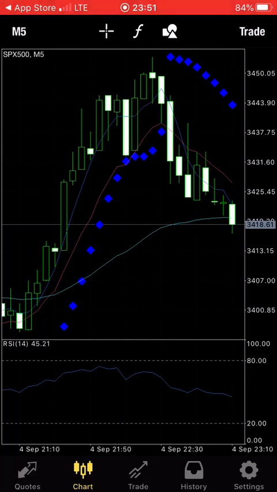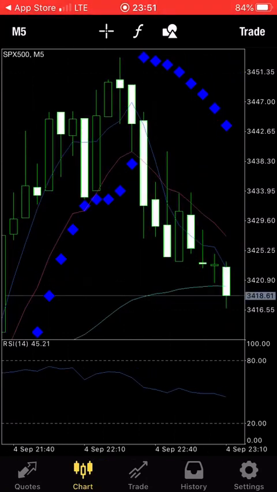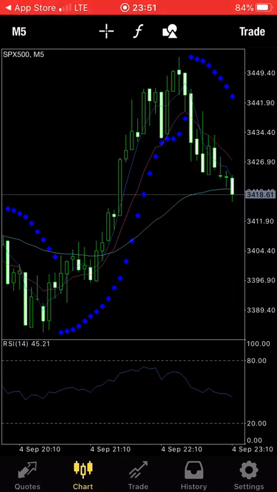Then in the 5-minute, that would be the time where you could see the time to get out. You can see the cross right there. It's like, okay, maybe I should get out right now. And then if you listen to that, when you get out, say at 34.37, and then it's 34.18, you're saving yourself $19, right? So that's the skill set of making sure you really finesse your entries and your exits, and you're consistent in the market.